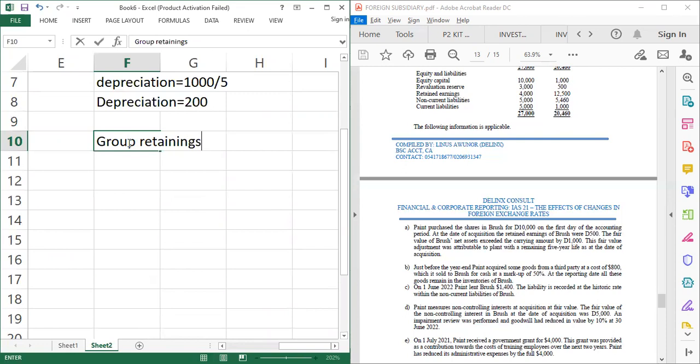So 50% on the cost will be 400. Let's show the workings for the parent group retained earnings. We take the parent figure. What is the parent's retained earnings? It's 4,000. So we take their figure, then we add anything that will be affecting it. So the profit element on the sale is what?